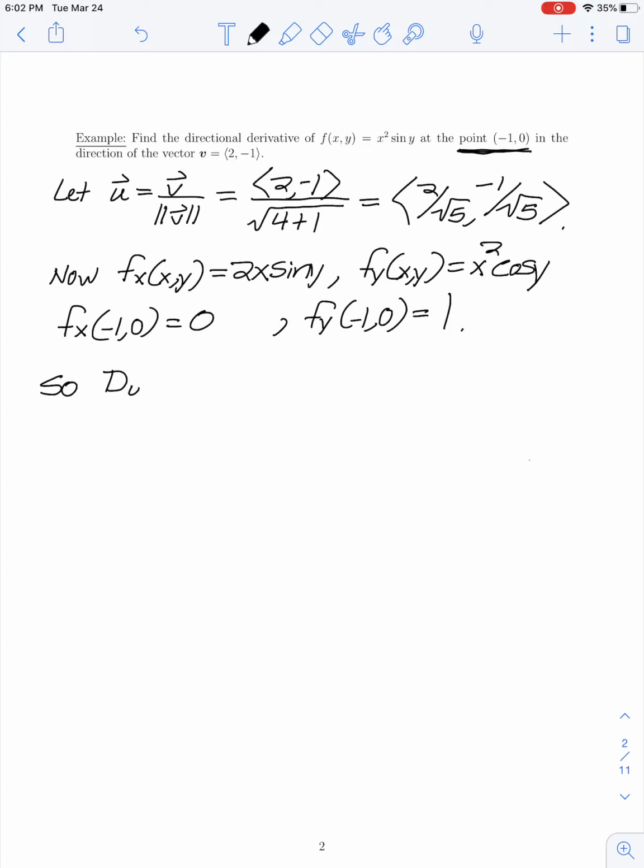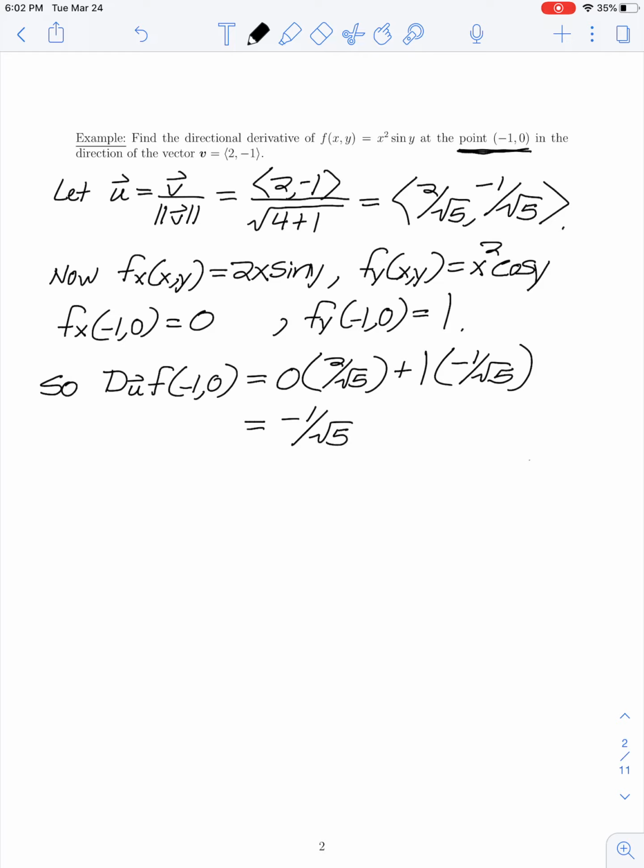So now, using our formula for the directional derivative, we find the derivative of f in the direction of u at the point -1, 0 is given by the product of f sub x, which is 0, times the first component of my unit vector, which we found to be 2 over root 5, plus the partial derivative with respect to y, which was 1, times the second component of our unit vector, which was -1 over root 5.